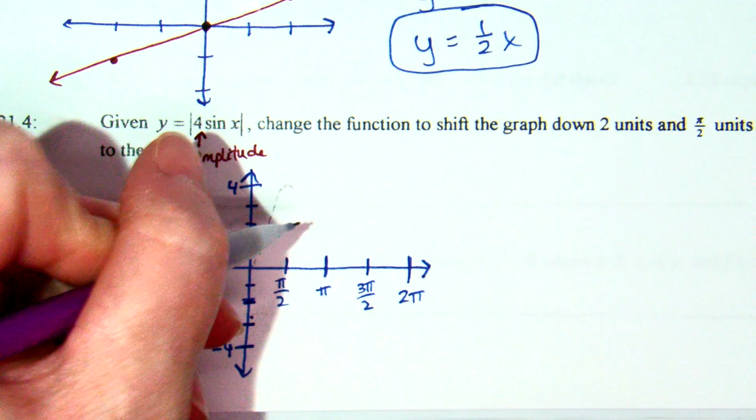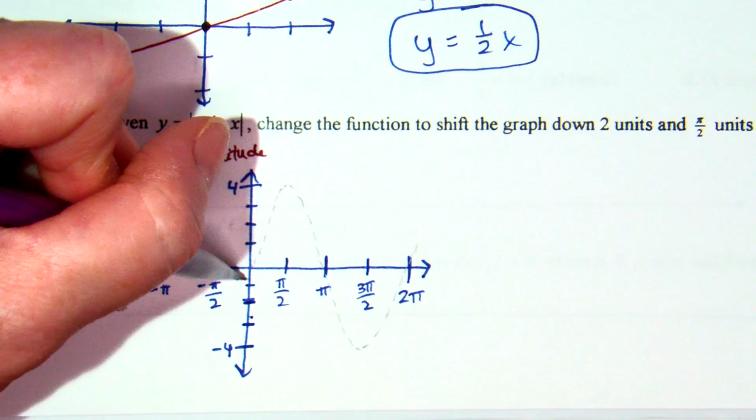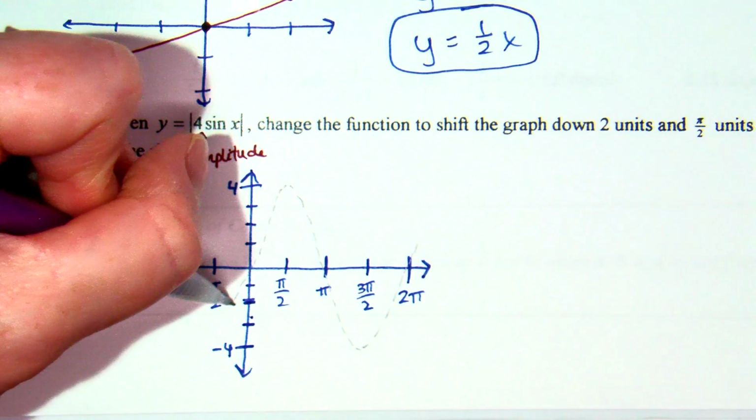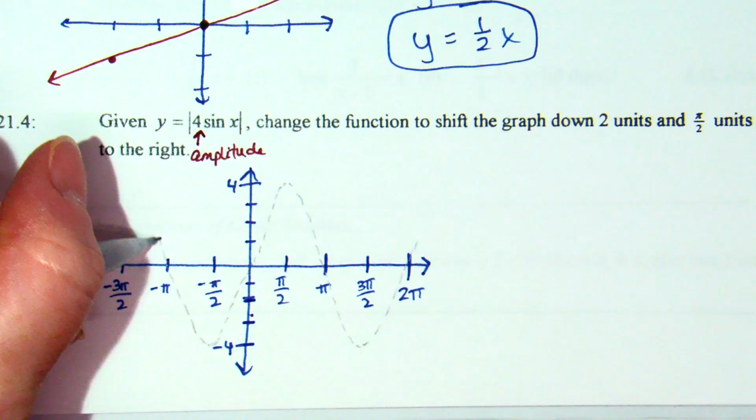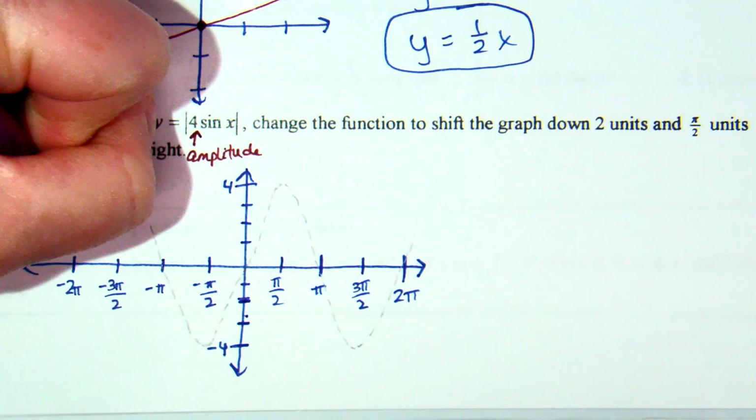I'm going to reverse this and go the other way too, which means my minimum is under negative pi over 2, intercept at negative pi, max above negative 3 pi over 2, and intercept at negative 2 pi again. Did you guys go as high as 4 and as low as negative 4? Okay, so that right there is 4 sine x.